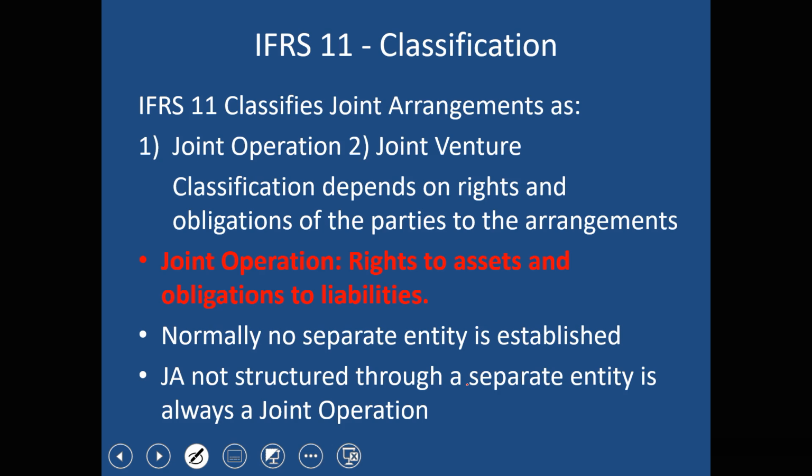So joint operation gives rise to assets and obligation to liabilities. Normally, no separate entity is established. So it's like we decide that we are building a pipeline that we'll use.